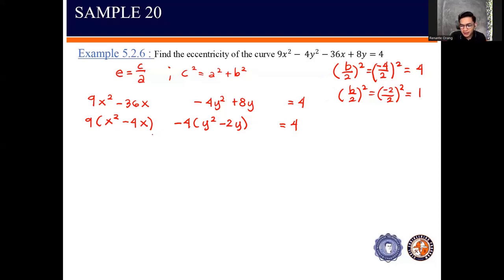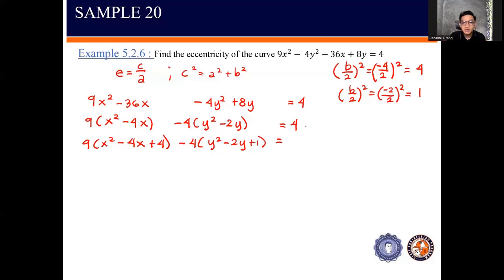For this one, again, ang gagawin po natin, class, is to put yung ating i-add dito. So that is 9x squared minus 4x, then yung ating i-add, which is yung 4, plus 4, close parenthesis, minus 4, then y squared, minus 2y, then yung i-add natin, which is positive 1.